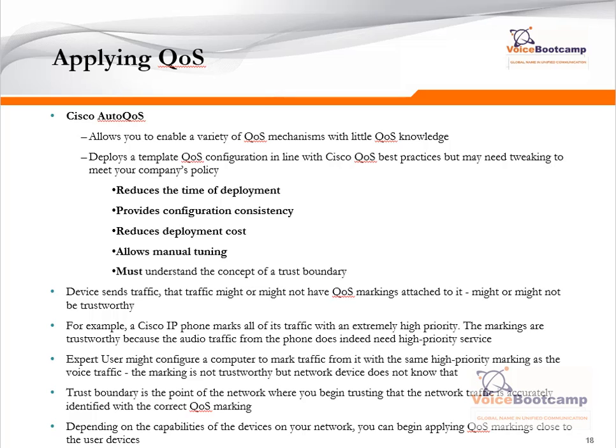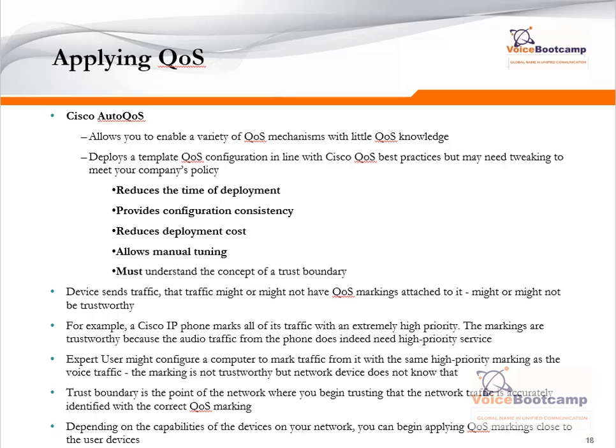A Cisco IP phone marks all of its traffic with extremely high priority. Markings are trustworthy because the audio traffic from the phone does indeed need high priority service. An expert user might configure a computer behind the phone to mark traffic with the same high priority level as a phone does, thus making it untrustworthy.